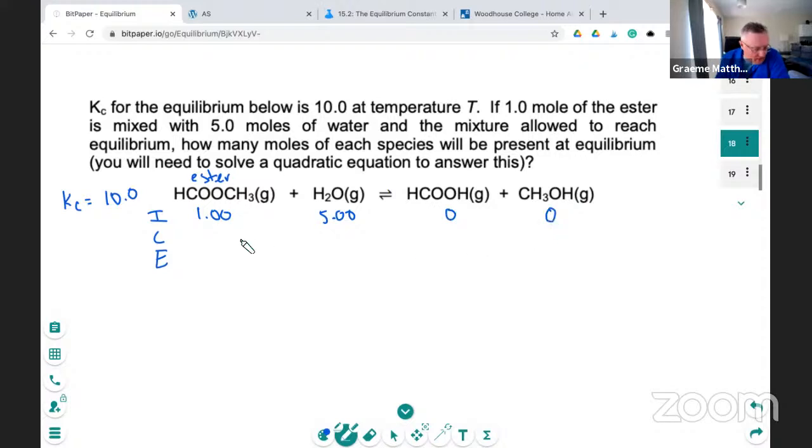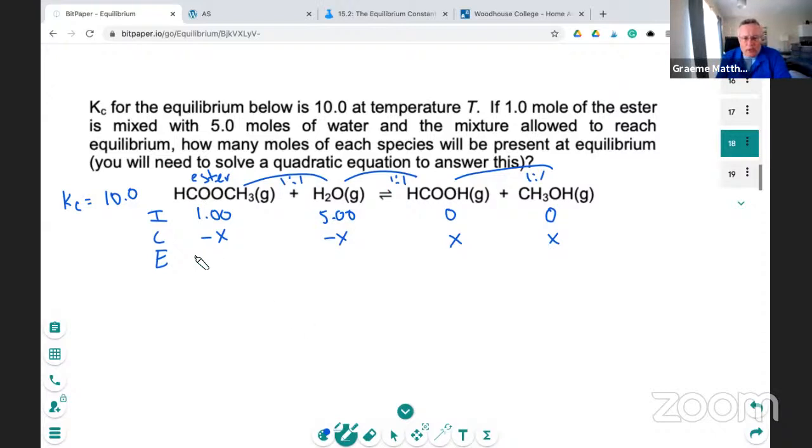Because they haven't done anything, I'm going to write down minus x, and this is going to be minus x because it's a 1-to-1 ratio, and then it's just like daisy chains across, 1-to-1 and 1-to-1. Negative x on the left has got to be positive x on the right. Why? Because otherwise you'd have a negative value of moles at equilibrium, which doesn't make any sense at all.